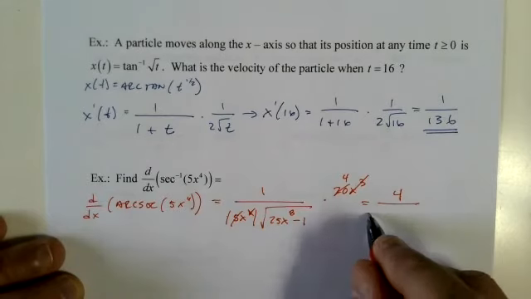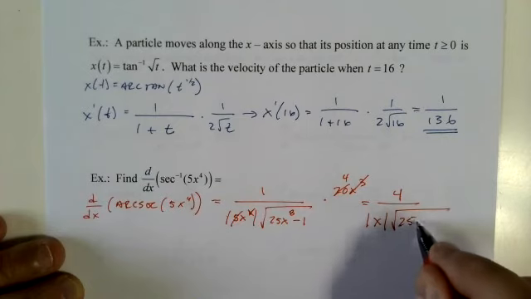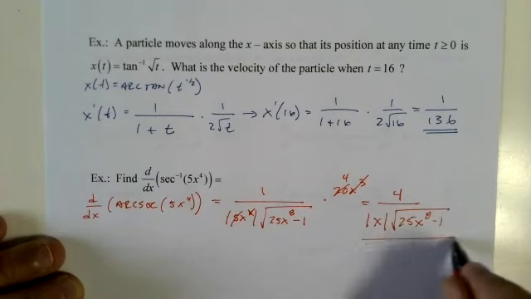So I don't really need the absolute value, but you know what? Let's just leave them in there because we're that weird. 25x to the 8th minus 1.